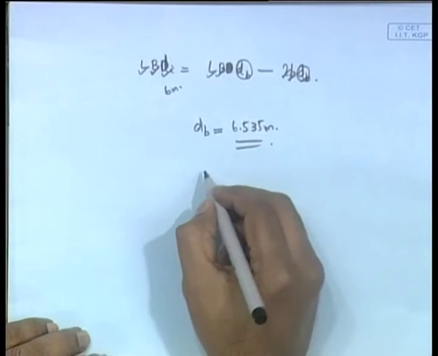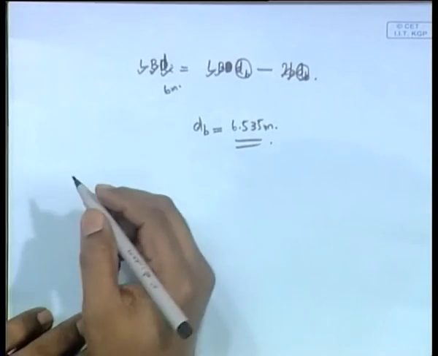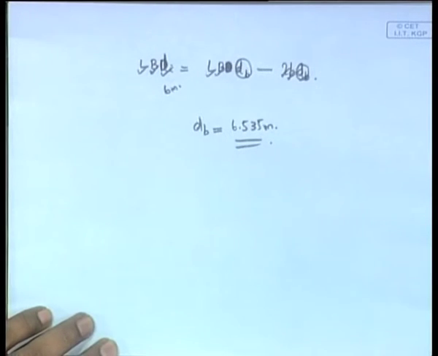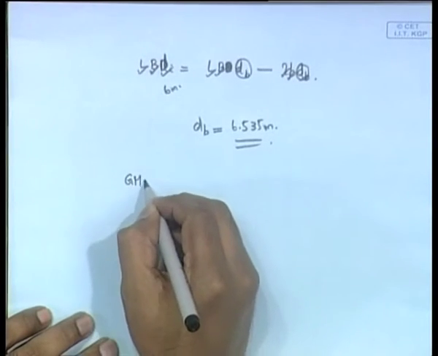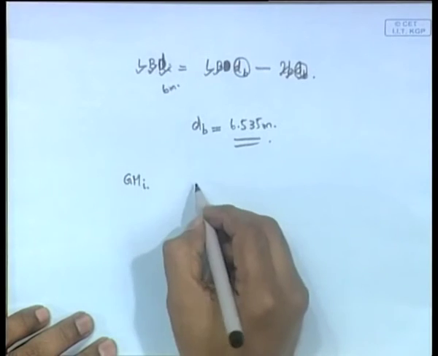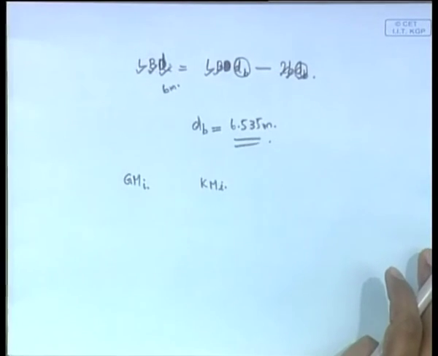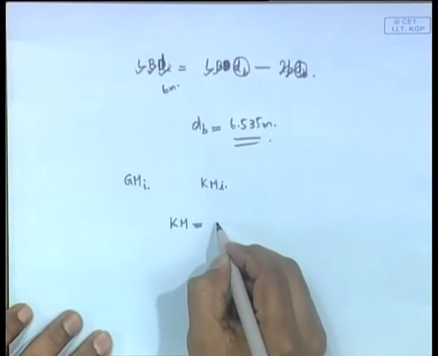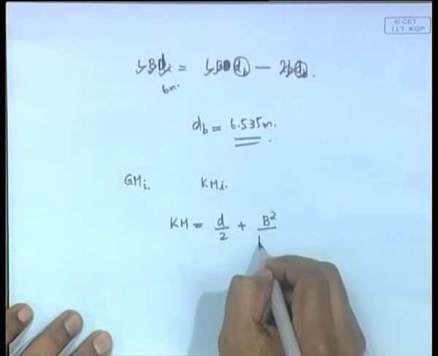The first question, the bilged draft, we have done. Then the next one asks for the GM in the initial condition. For that you need to find KM initial. Remember this is a box shaped vessel, so you have the formula for KM: KM is equal to d by 2 plus b square by 12 d.